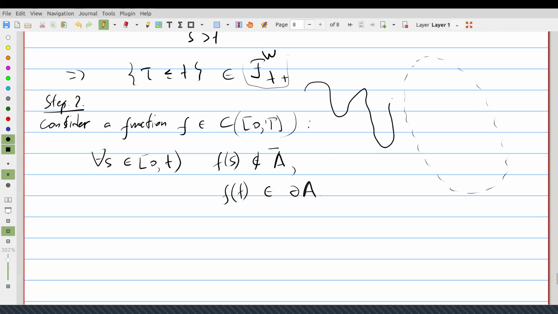This is a trajectory that behaves like this, and it hits the boundary exactly at time t. And let's introduce a set, say K, which is exactly those elementary events that agree with this trajectory on [0, t].